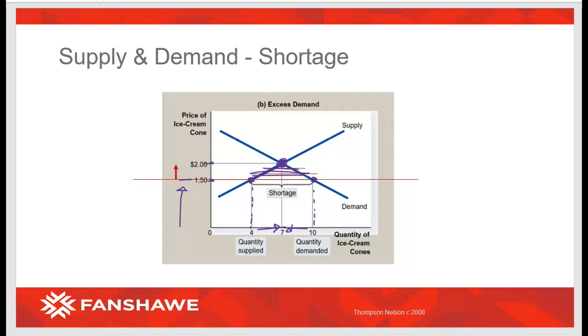So we've seen the two sides of the model and how they function. Demand is doing its thing, and supply is doing its thing. Once again, we'll do price and quantity there and there.